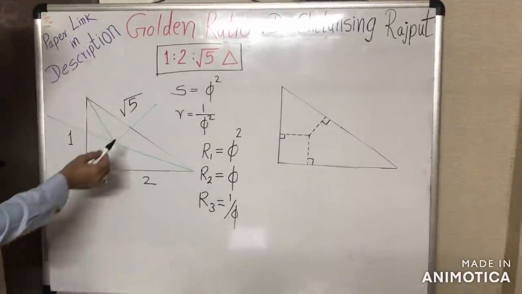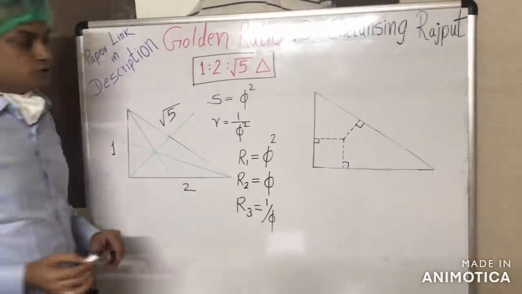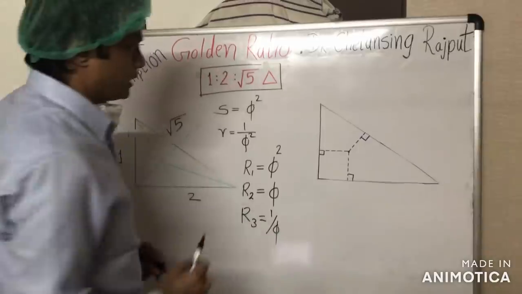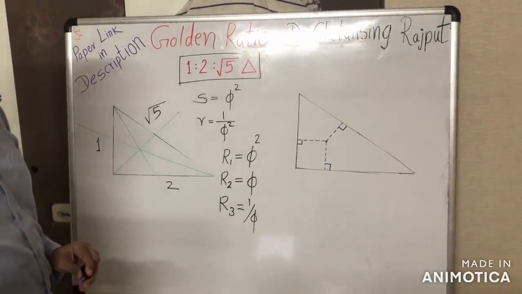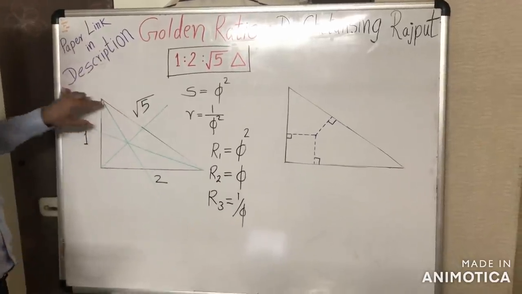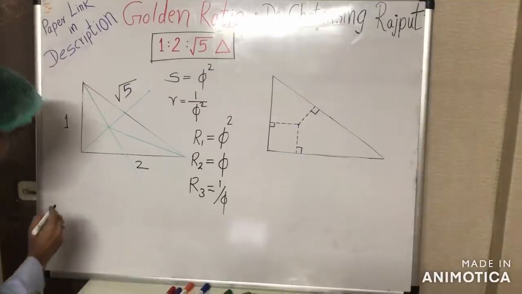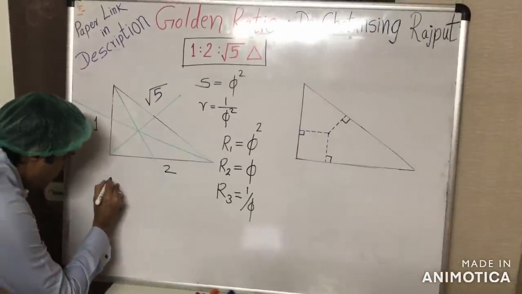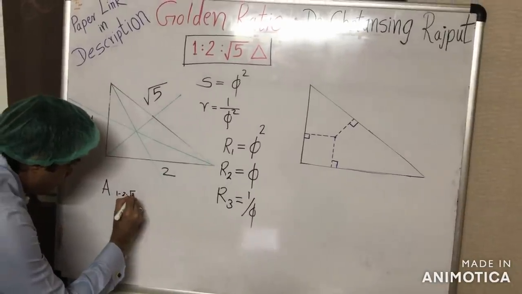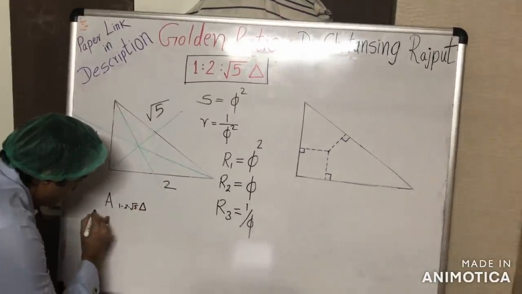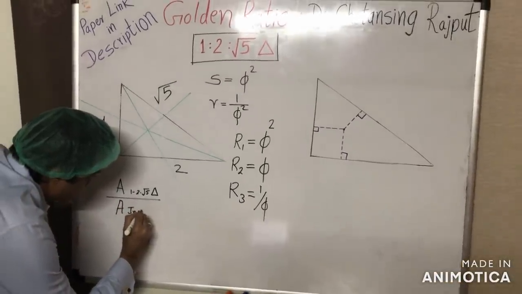If we incorporate the incircle in this 1 to root 5 triangle, we can observe a precise ratio between the area of this triangle and its incircle. The ratio is like this: the area of the 1 to root 5 triangle upon the area of its incircle.